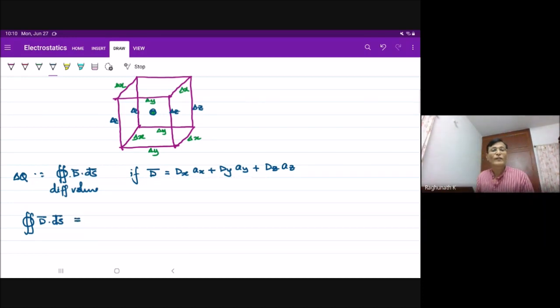Listen carefully. The hind face is at what distance from the center? The normal flux to the hind face and front face is Dx. At the center, it is Dx.